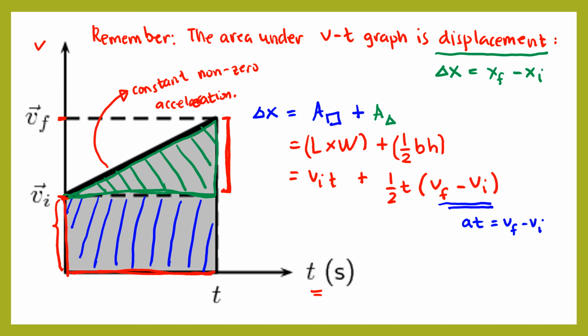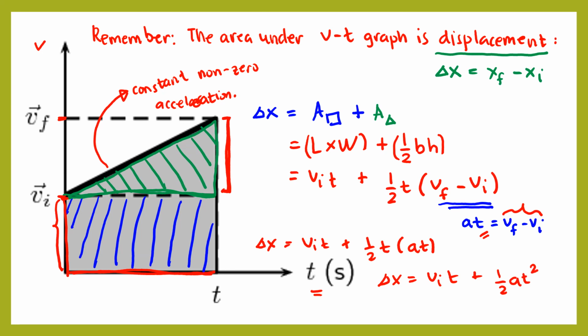Hence, I could write this entire equation: delta x is equal to vit plus 1/2 t multiplied by at. Instead of writing vf minus vi, since I know that vf minus vi is equal to at, I could write at, and simplifying this further, I have delta x is equal to vit plus 1/2 at squared, and therefore we have just derived our second equation of motion.